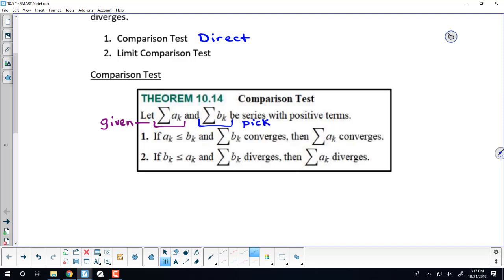So that's up to us to specify or to choose. And then we're comparing those series to one another. And it says that if A sub k is less than B sub k, and the series that we chose converges, then A sub k converges.